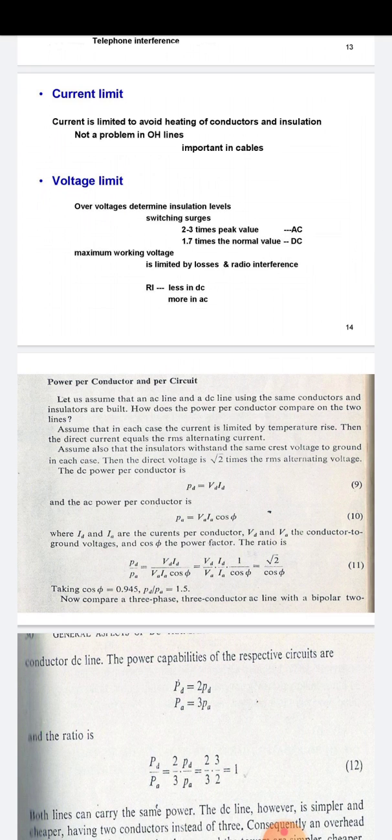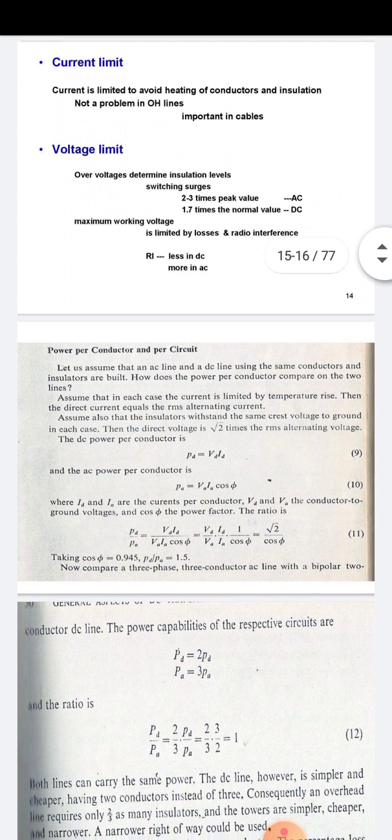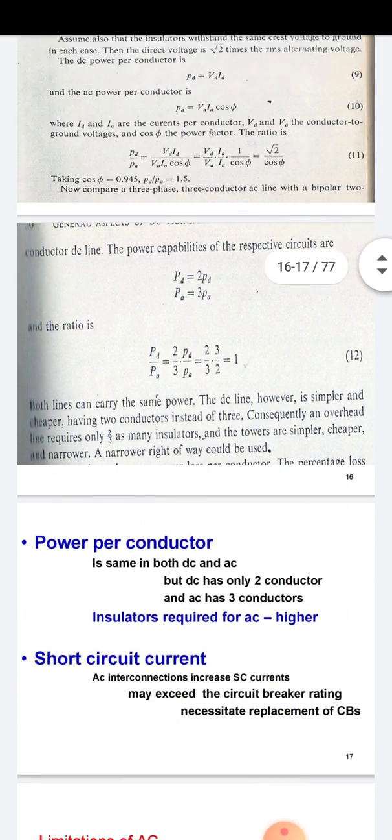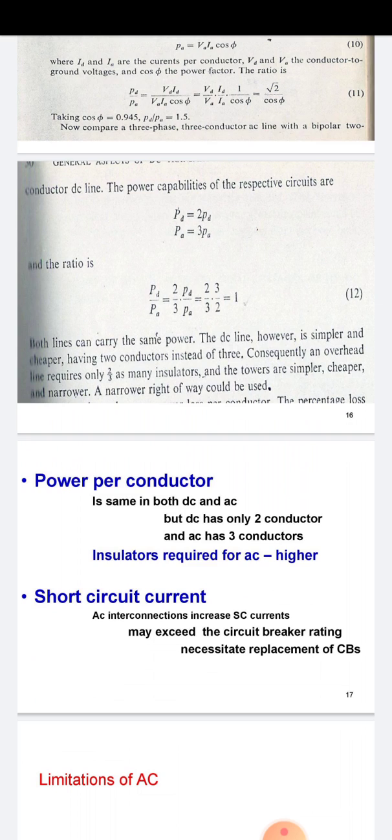Then the third point is power per conductor per circuit. This depends on how many conductors appear across the transmission line, so we must know about the types of conductor. We already know there are two types, one AC conductor and another DC conductor.